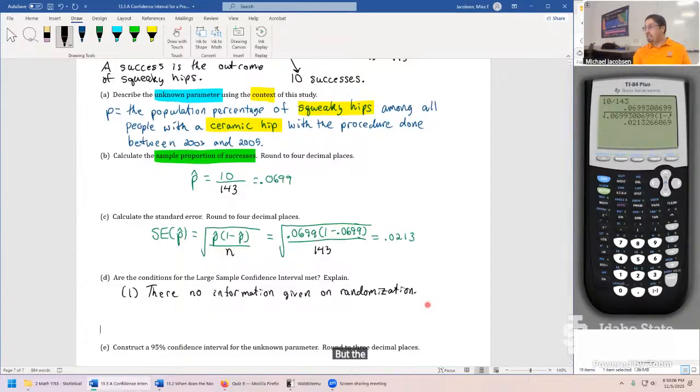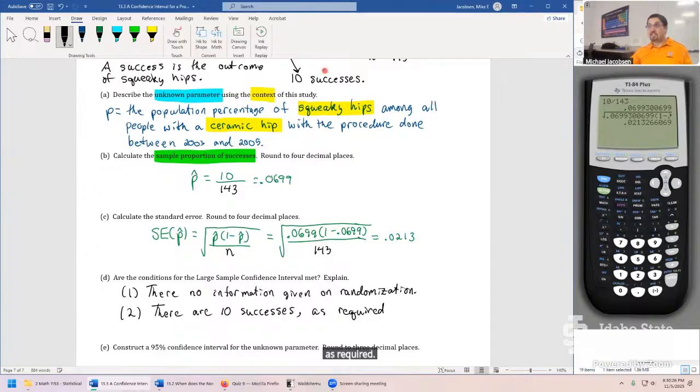But the thing that we can check is successes versus failures. We already know we have enough successes. There are 10 successes as required.